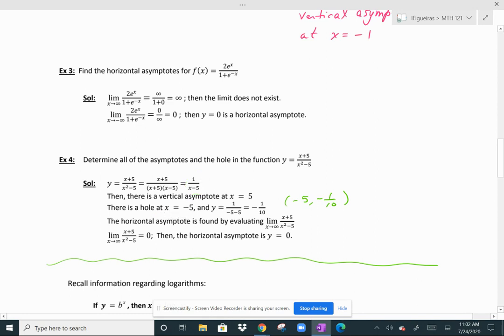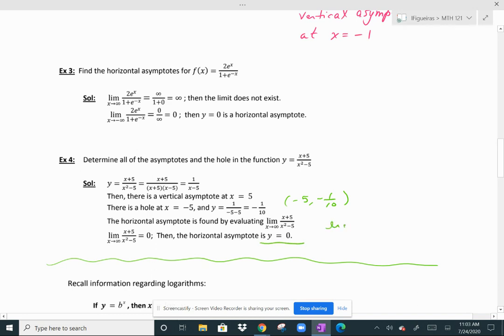I have a horizontal asymptote. I can take my limit as x approaches infinity of x plus 5 over x squared minus 5. If I follow that table that I had above, the degree in the denominator is bigger than the degree in the numerator, so therefore I will have a horizontal asymptote at y equals 0.